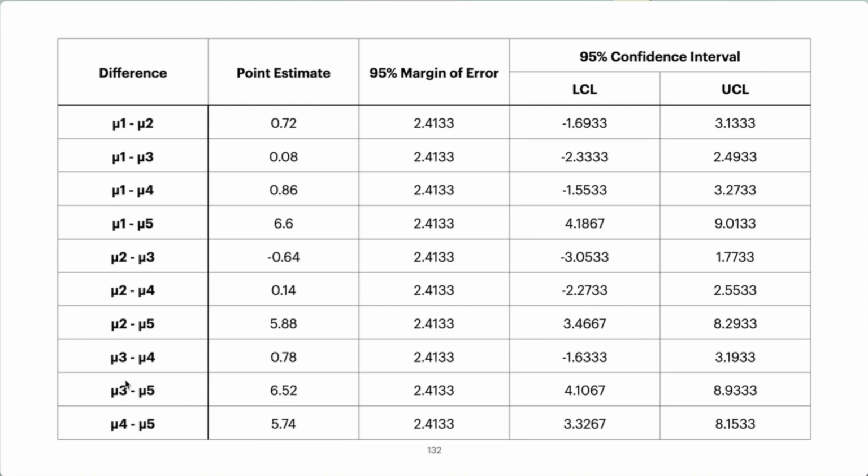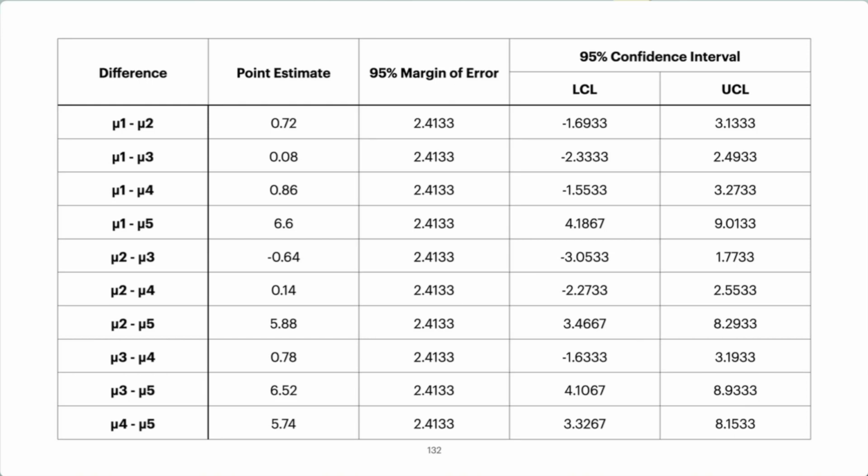Looking at a comparison of treatment mean 3 to treatment mean 5, that estimated difference ranges from 4.1 up to 8.9 approximately. That interval does not contain 0. And so again, we can conclude treatment mean 3 is different than treatment mean 5. And then finally, the comparison between treatment mean 4 and treatment mean 5, that interval does not contain 0 either. And so we would conclude that treatment means 4 and 5 are different as well.